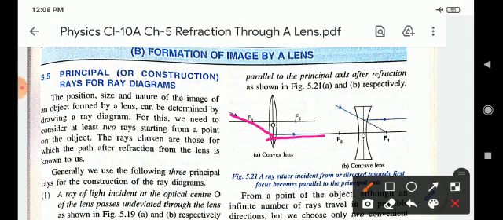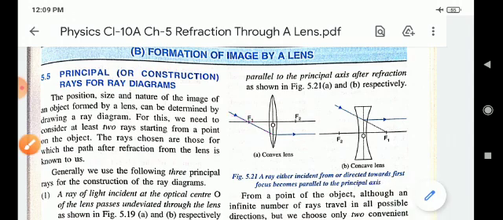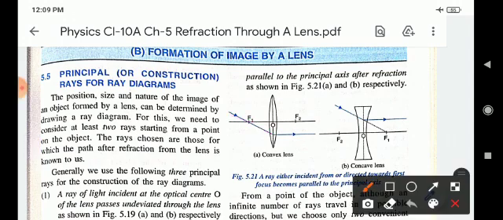A ray of light passing through the first focus f1 or directed towards the first focus f1 in a concave lens emerges parallel to the principal axis after refraction as shown in this figure. Light comes and is deviated in this direction.